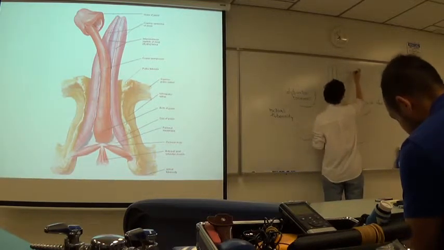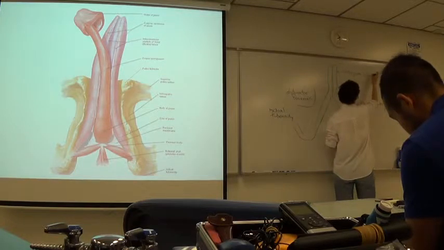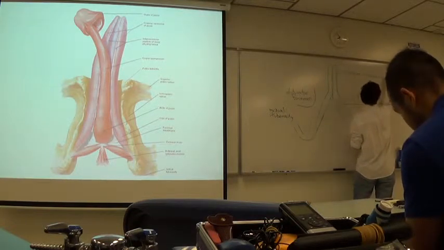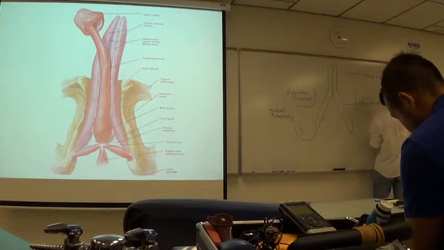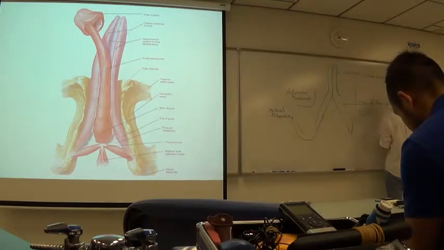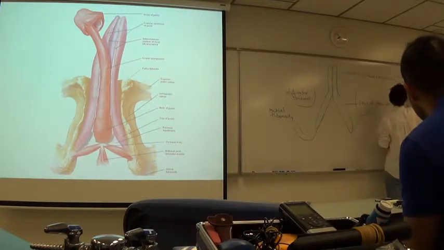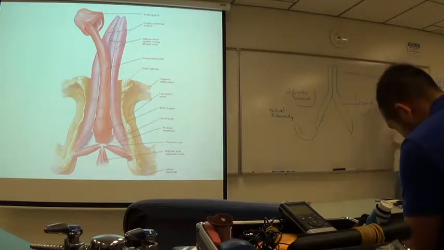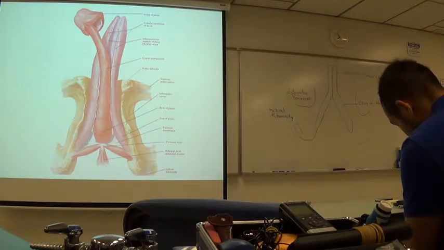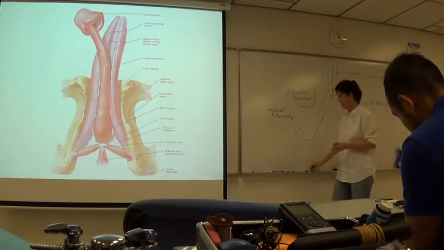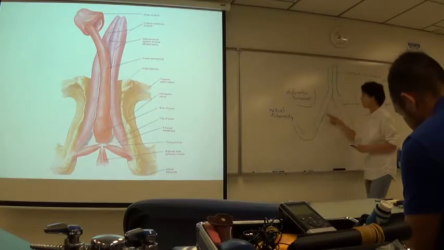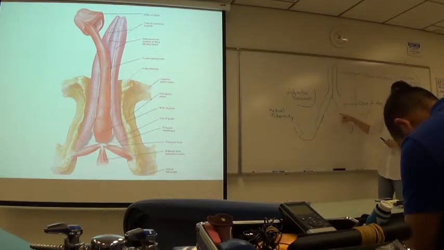Singular is corpus. Plural, corpora cavernosa. But we're looking at the ventral structure, right? Because it's in the erect position. Now the rest of the shaft of the penis is formed centrally here by an enlarged bulb.